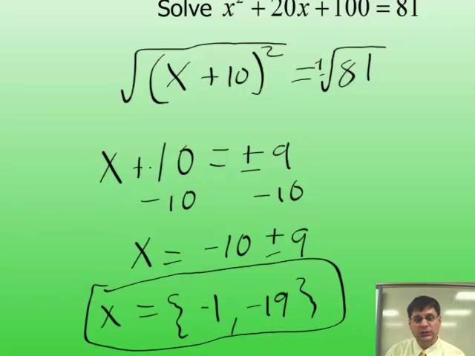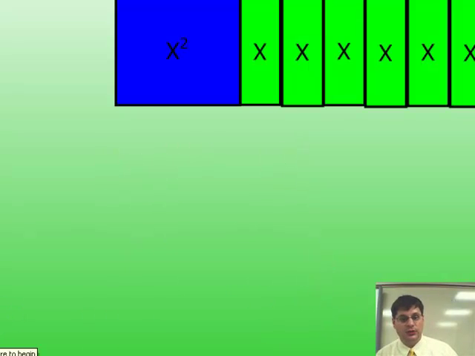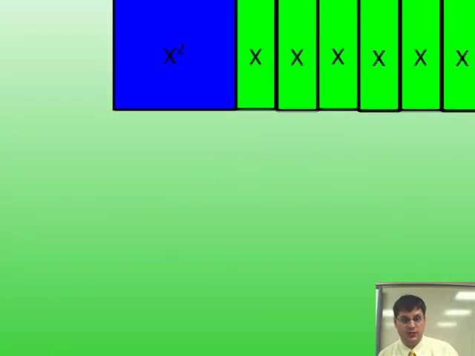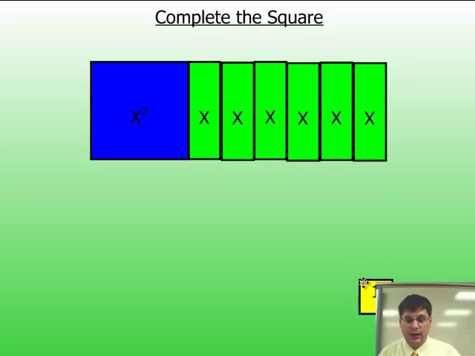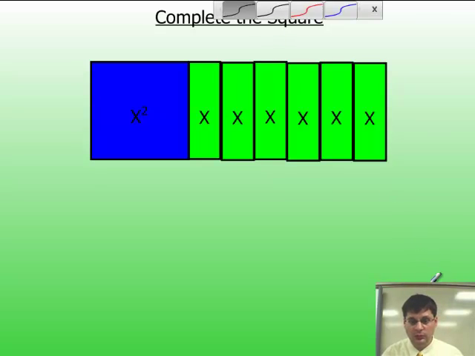Now, let's talk about what completing the square is, or what that looks like, and then we'll relate it to what we're doing here. I've set up some algebra tiles here. If you're not familiar with algebra tiles, there are three main tiles we work with. In the bottom right corner, I have a 1 tile, which has dimensions of 1 by 1, so it has an area of 1.